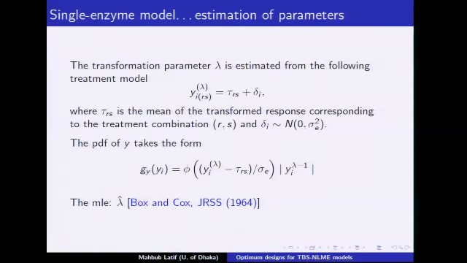Using this fact, we can calculate the transformation parameter from this full treatment model. This is just a mean of the response corresponding to the combination of treatments R and S, right? This is what Box and Cox describe in their paper.